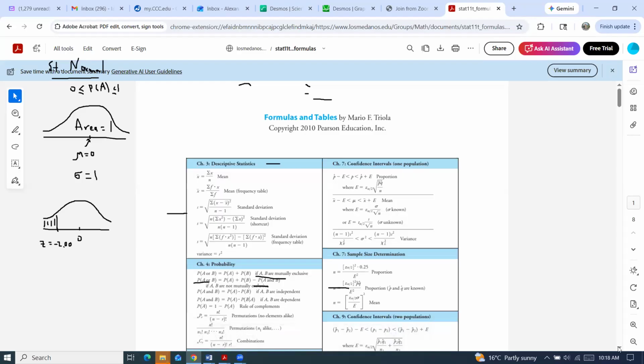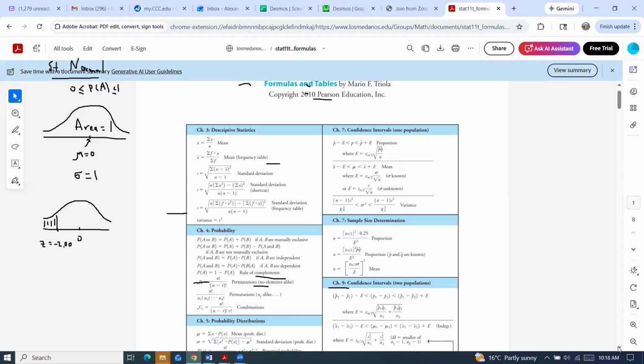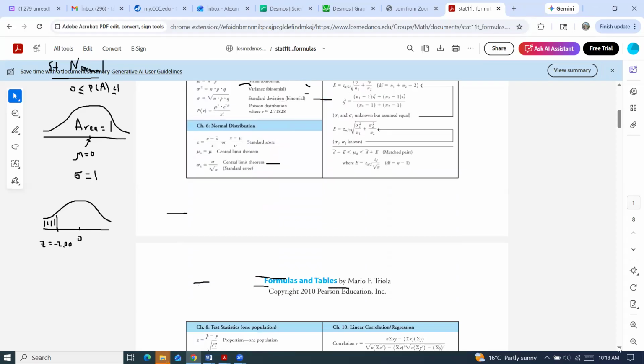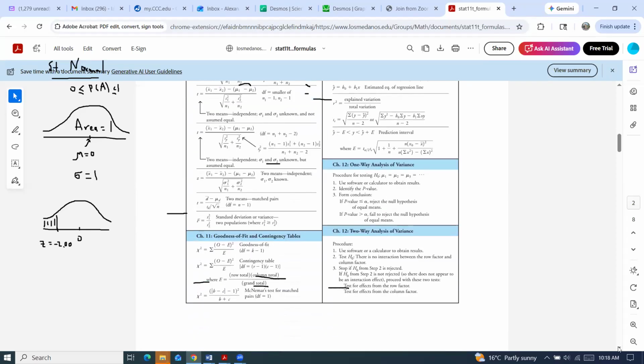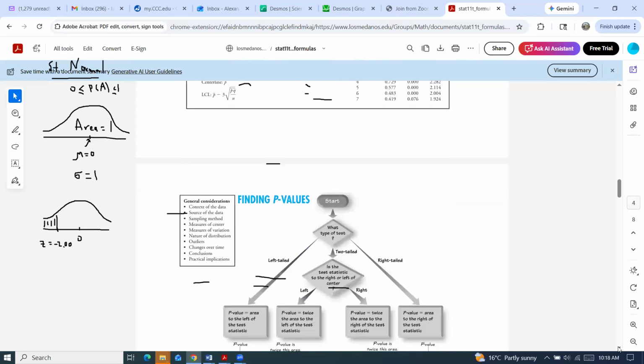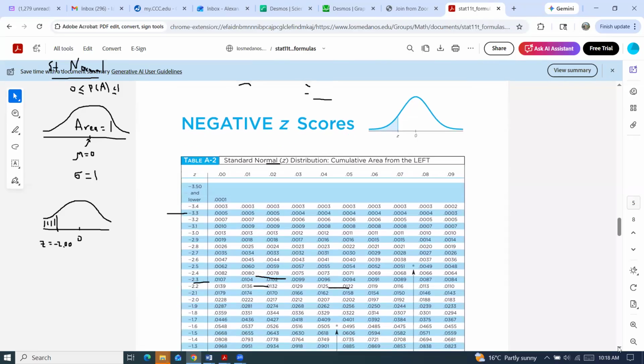So here they have the first page with formulas. Formulas we don't need, but you can see some formulas that we already learned in chapters 3 and 4. And now we're in chapter 5, so you just skip all these formulas and you move to page number 5, I believe. So it says negative z-scores.